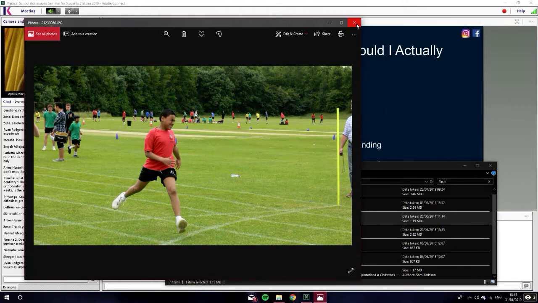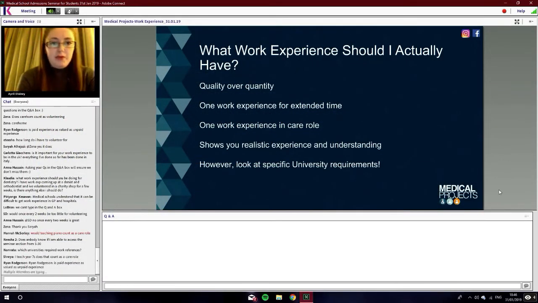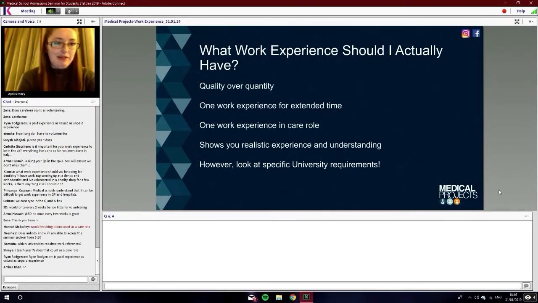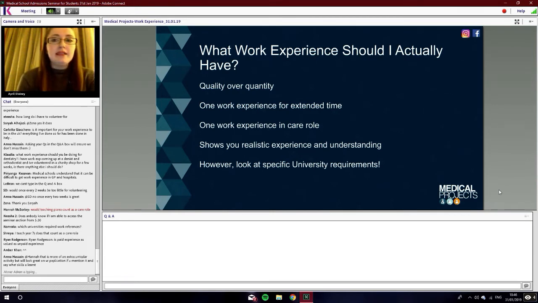Okay. So, what work experience should you actually have? There's no specific answer, and I can't tell you a specific answer. It's more about the quality of the work experience rather than the quantity, if that makes sense.